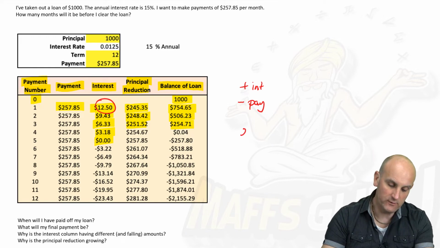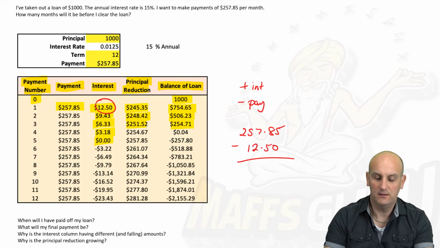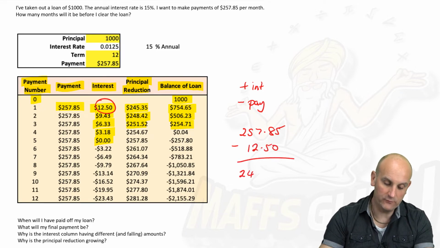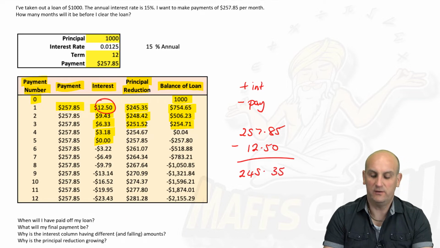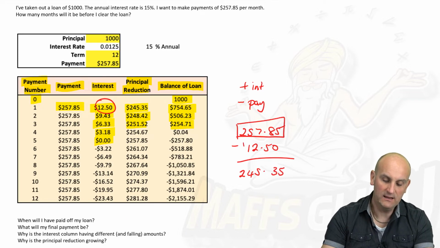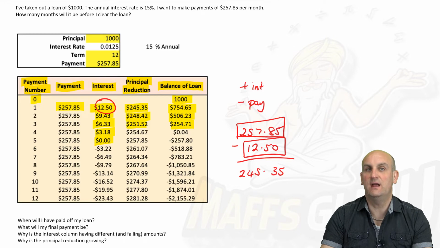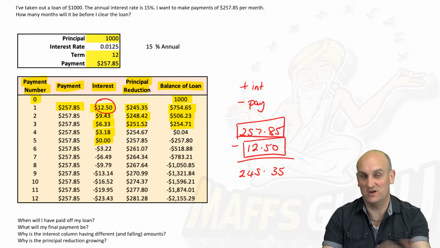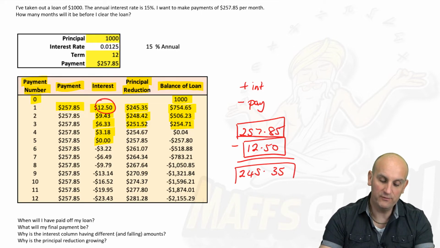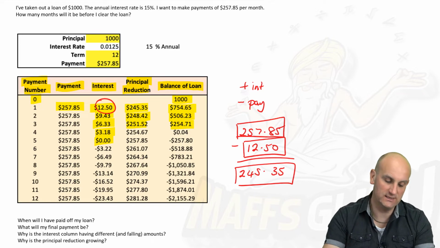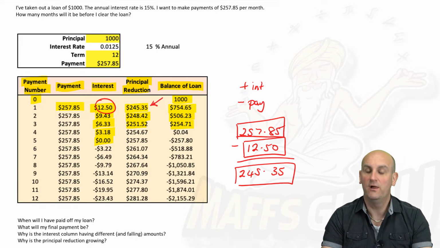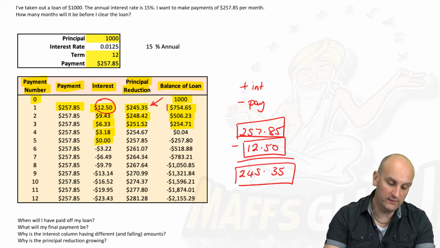So if I do $257.85 and I take away $12.50, I'm going to get $245.35. This is what the bank is effectively saying: no, you're not paying that, because that's interest, you're going to pay that to me. And so this is what my principal reduction is here, $245.35.